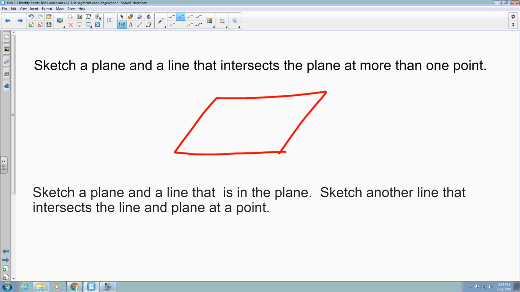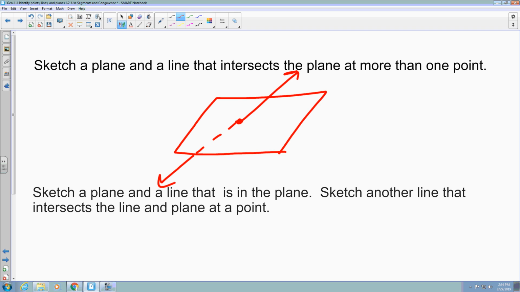And I need a line that intersects the plane at more than 1 point. Really, it can't happen, because the line only intersects at this 1 point here, and I got dashed lines representing that's the bottom. And it can only intersect at 1 point.